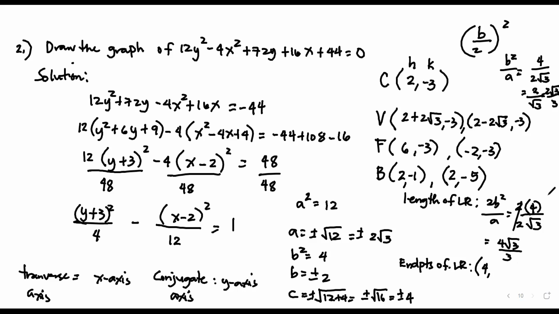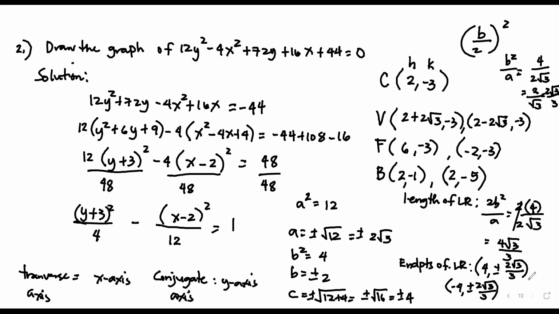So the endpoints are positive 4, plus or minus 2 square root of 3 over 3, and negative 4, plus or minus 2 square root of 3 over 3.